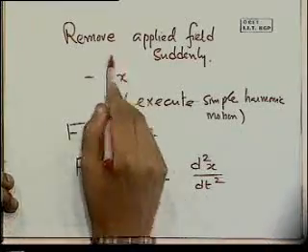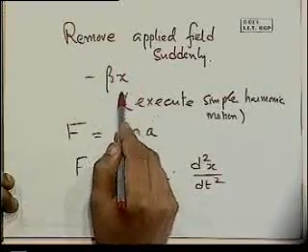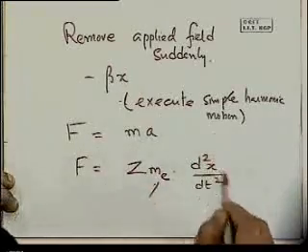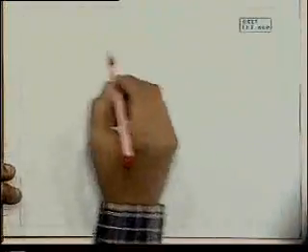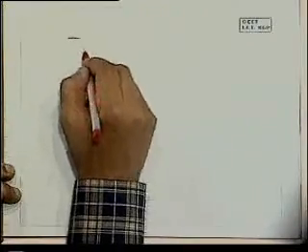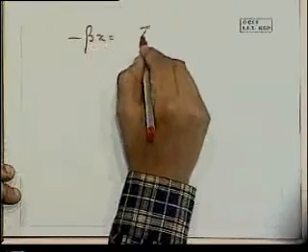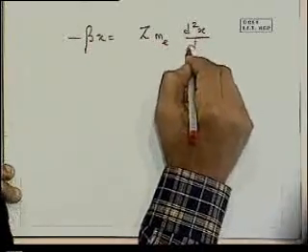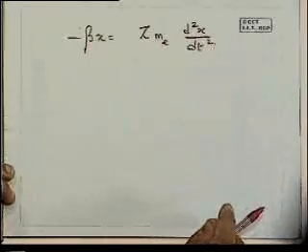So the force that is acting is expressed as minus beta x. It is also expressed as Z me d2x by dt squared. We can equate these two and write minus beta x is equal to Z me d2x by dt squared.